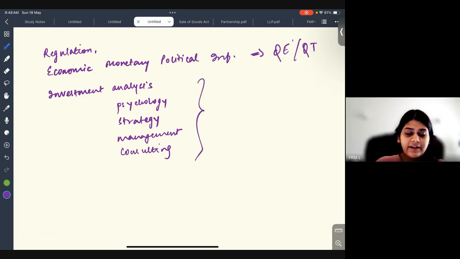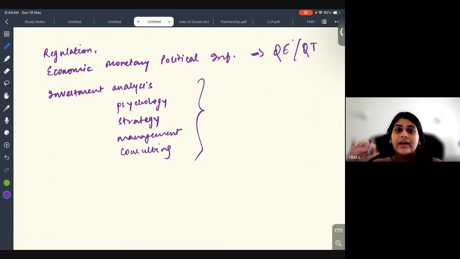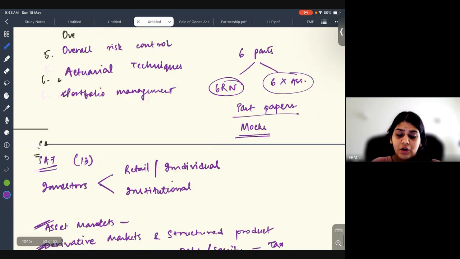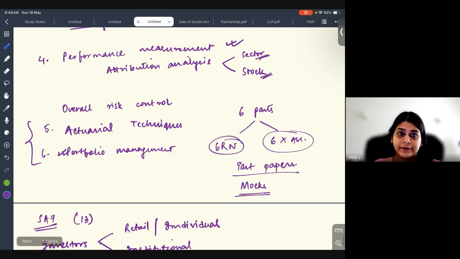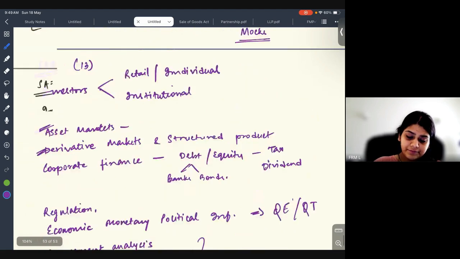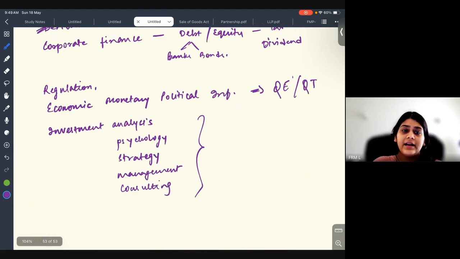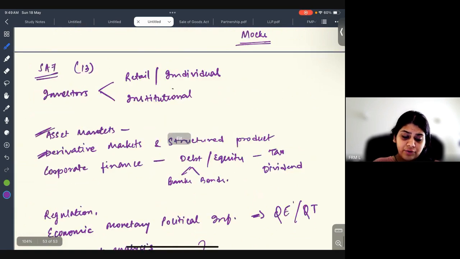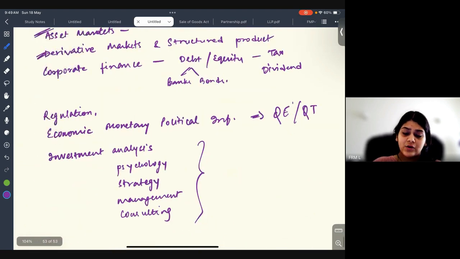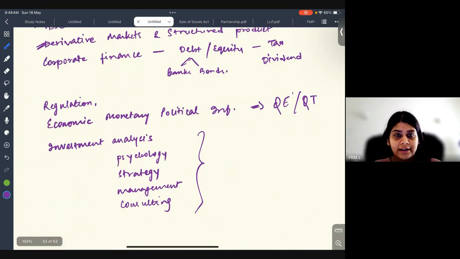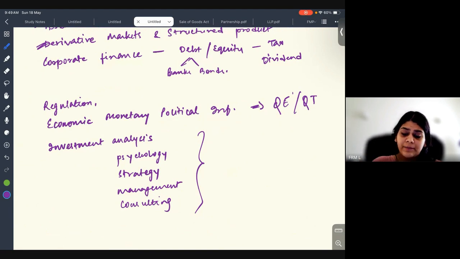So now these 5 topics together basically is a lot to do with this. The last 2 big portions of the SP5 syllabus are going to be covered here. Investment analysis is going to take up fundamental analysis and also a lot of the technical analysis. Investment psychology is what we also know as behavioral finance.